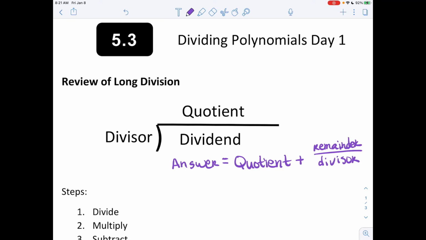Now, originally when you learned it, you probably learned to just write r equals something, your remainder equals something, then you graduated to doing a fraction answer, and then finally you learned decimals. But today, as we do polynomial division, we will focus on this type of reporting of the remainder as a fraction of the remainder over divisor.